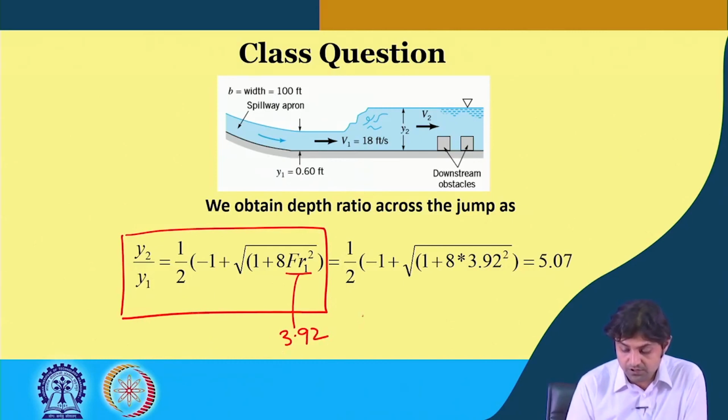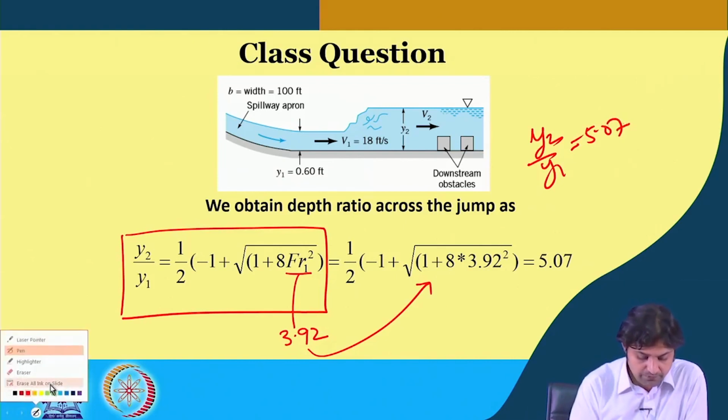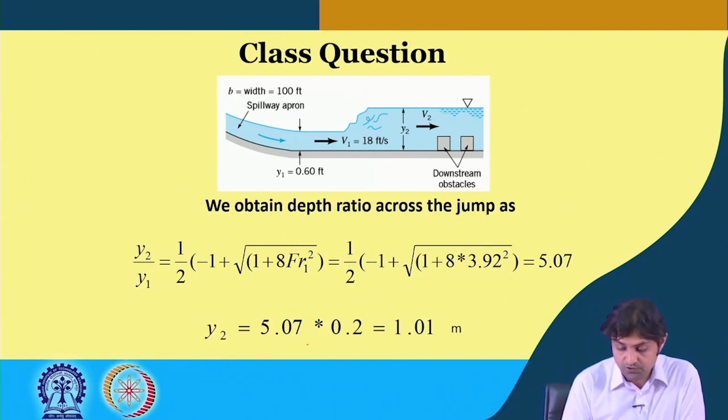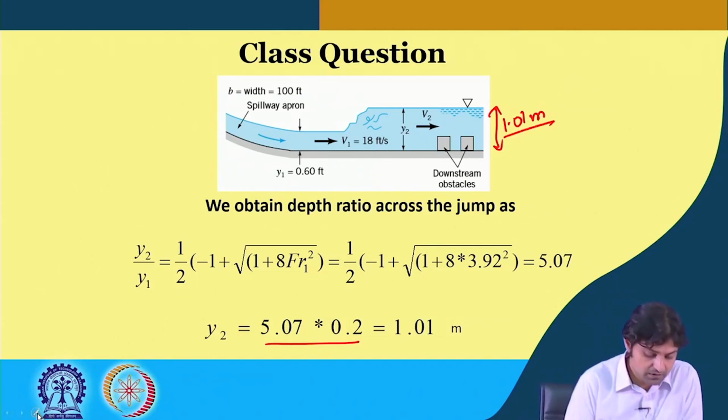Plug these values in. So, what comes out is y2 by y1 is 5.07, all right. Therefore, y2 is going to be 5.07 into 0.2, and that is 1.01 meter.